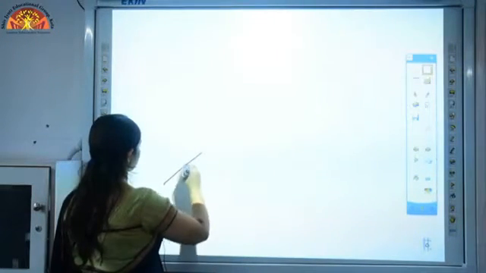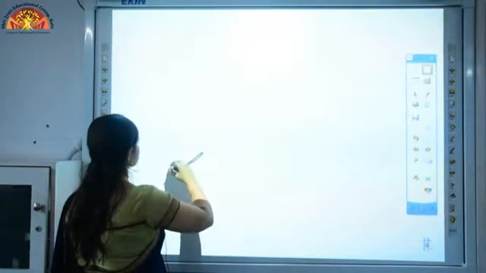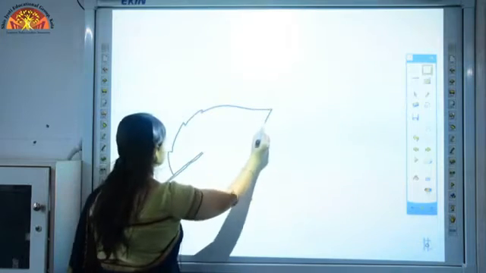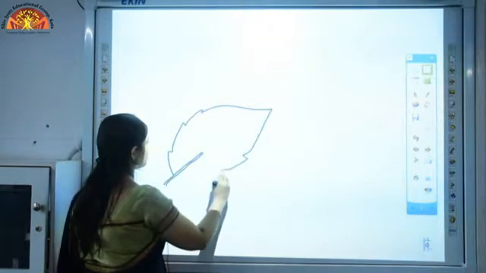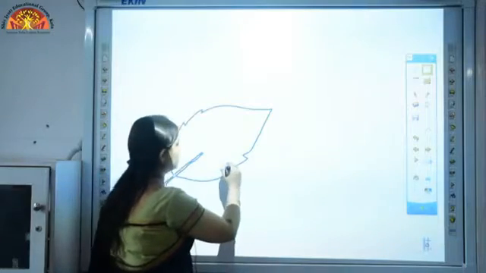Students, have a look at the diagram shown here. Now see, this is the structure of a leaf.